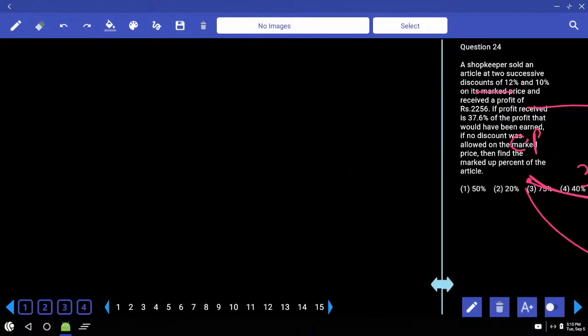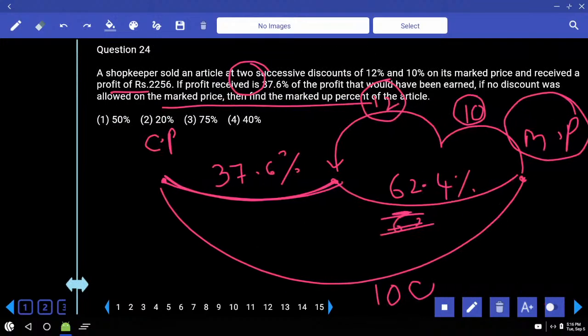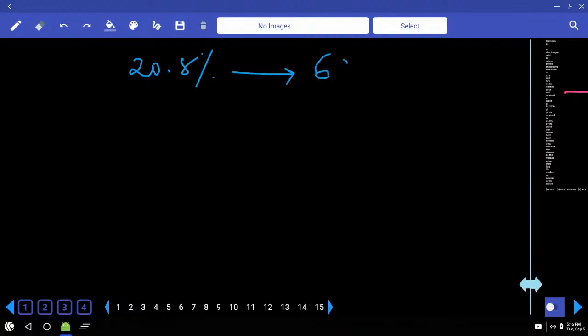So that is 20.8% discount means that is nothing but the distance here is 62.4, isn't it? 62.4. అవునండి.